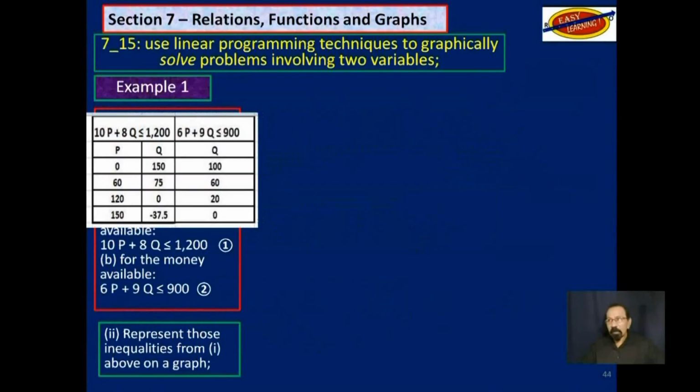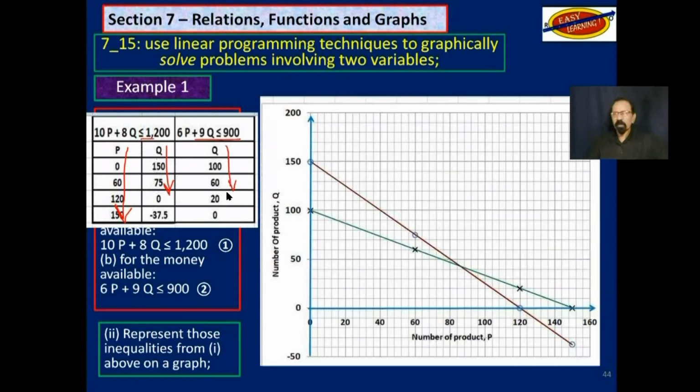We use that, get some ordered pairs. So choose some values for P, which would be the domain, and get some range for the other variable based on the inequality we are using, and we plot the graph. And we get this. Looks familiar. Note one particular thing.